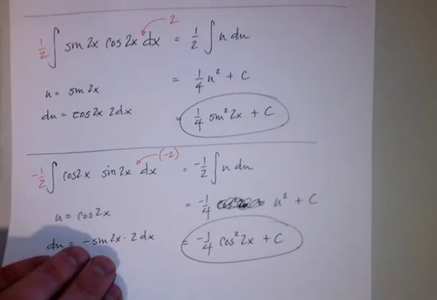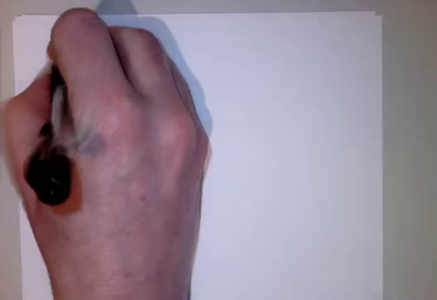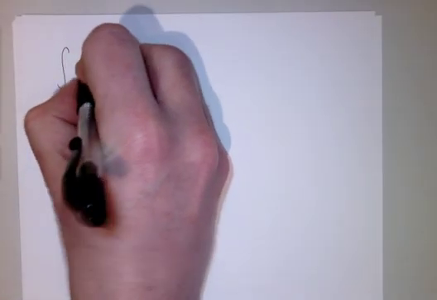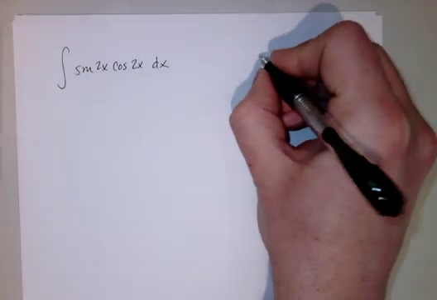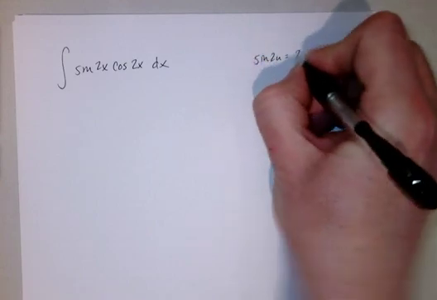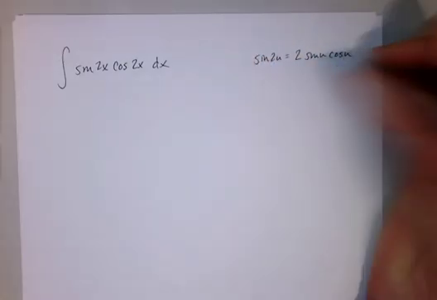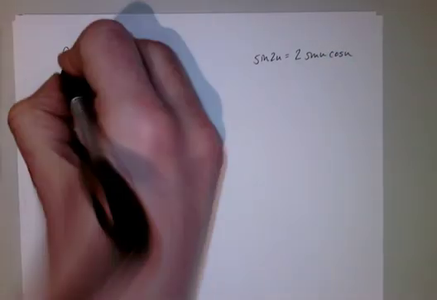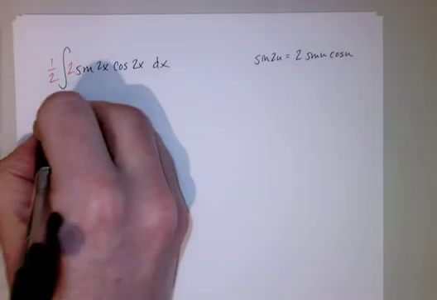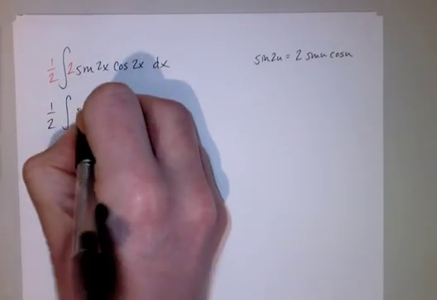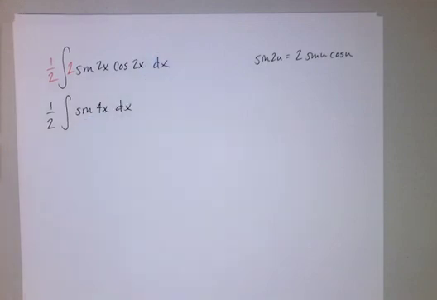There's still actually a third way to do this, okay? The third way is to look at the integrand, sine 2x cosine 2x dx, and recognize that sine of 2u is equal to 2 sine u cosine u, right? So if I put a 2 right here and a 1/2 out in front, can I, by identity, transform that into that?